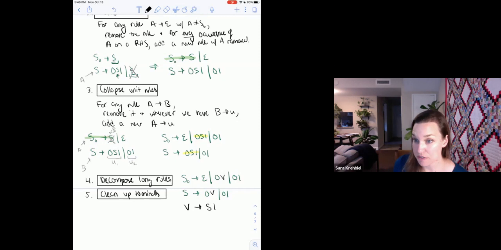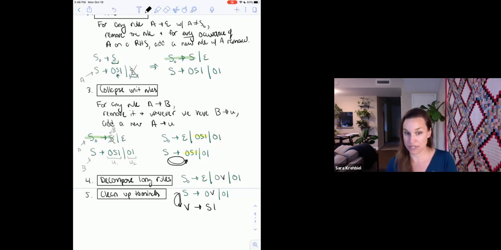And so now I don't have anything that's too long anymore. Basically, S is going to be responsible just for generating a 0, and then it's going to pass control to V, which is going to be responsible for generating a 1, and then S is still keeping track of the middle. So before I had recursion on S, and now I have recursion going on half and half between S and V.